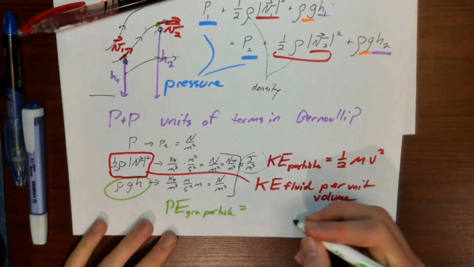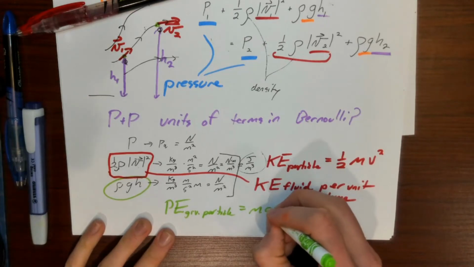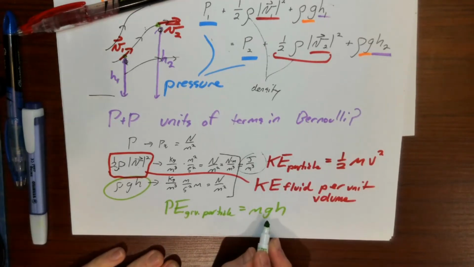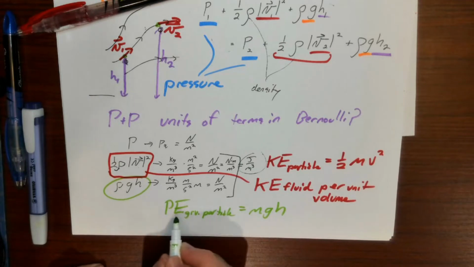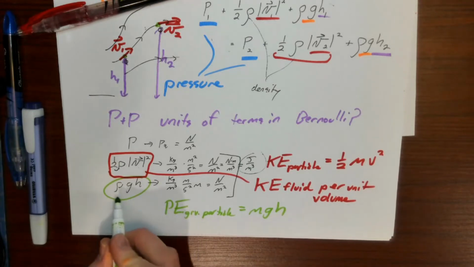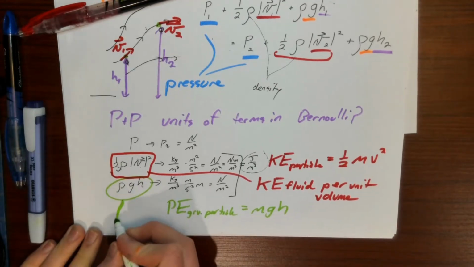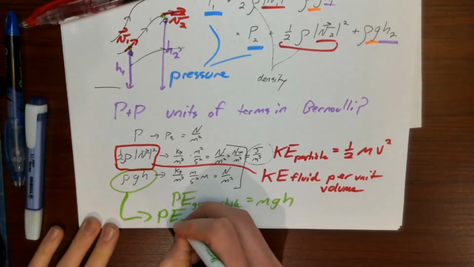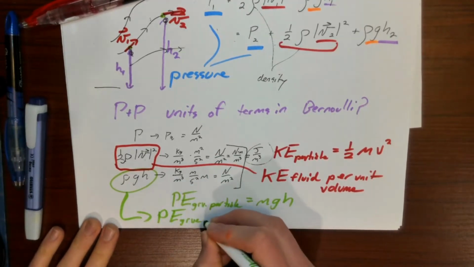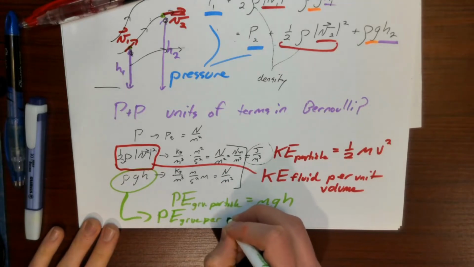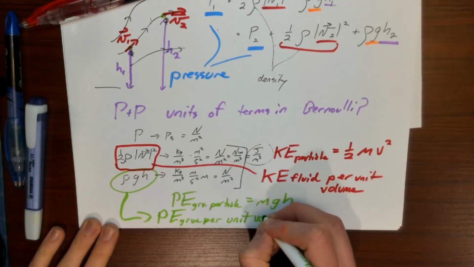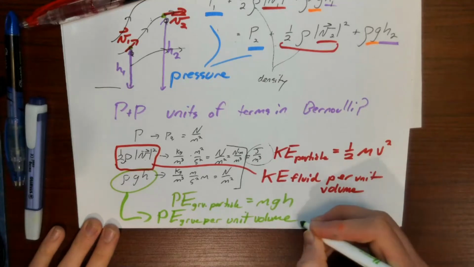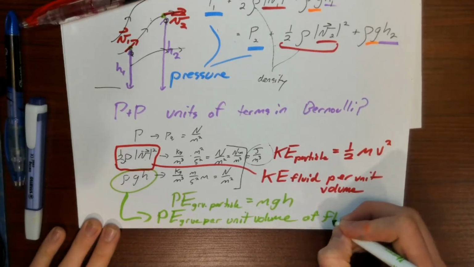then the gravitational potential energy of a particle was mgh. Well, if we look at potential energy per unit volume, mass per unit volume is just density, so I like to interpret this as the gravitational potential energy per unit volume of fluid.